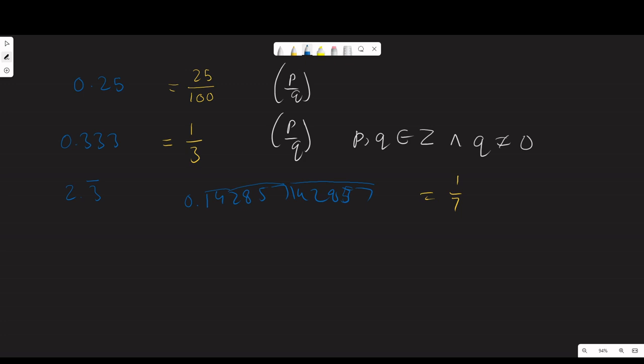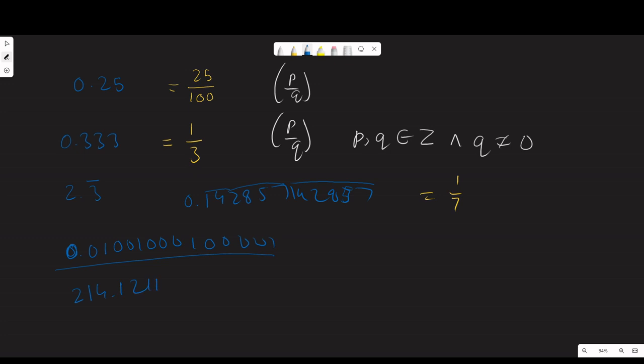Now I'm going to talk about something which is a non-recurring and non-terminating decimal, which looks like 0.01001000100001. This is a non-terminating and non-periodic decimal, so this is an irrational number.